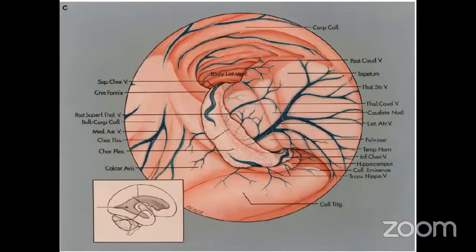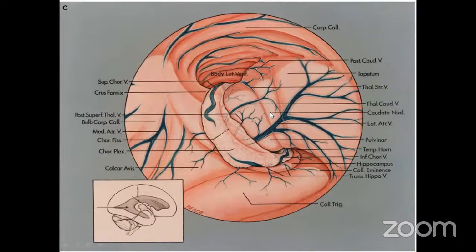This is the posterior view, and the arrow in the inset shows the atrium and the temporal horn. Here we can appreciate the inferior choroidal vein, and it courses on the choroid plexus in the temporal horn. The lateral atrial veins are also present, and they arise on the lateral wall and cross the tail of the caudate nucleus.